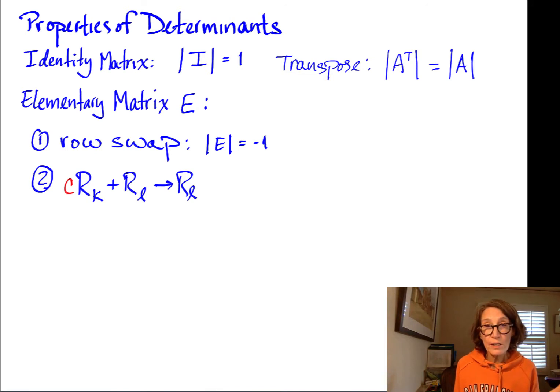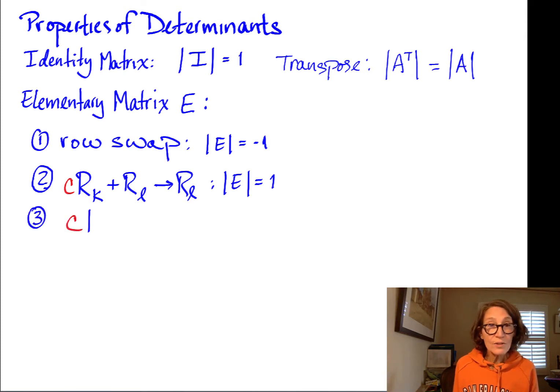What about when you add a multiple of one row to another row? So here it says C times row K added to row L is the new row L. Adding a multiple of row K to row L doesn't change the determinant. The determinant is the same. So if we do that to the identity matrix, then we get a new matrix, but the determinant is still 1.